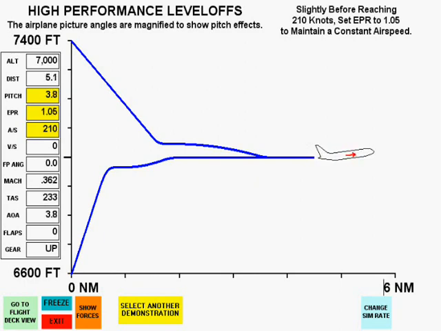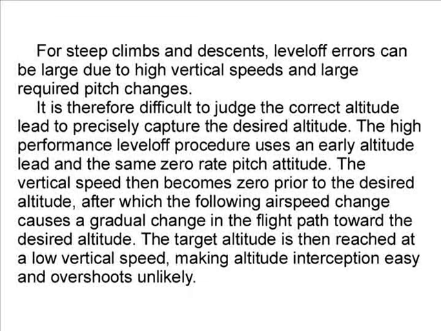For steep climbs and descents, level-off errors can be large due to high vertical speeds and large required pitch changes. It is therefore difficult to judge the correct altitude lead to precisely capture the desired altitude. The high-performance level-off procedure uses an early altitude lead and the same zero-rate pitch attitude.